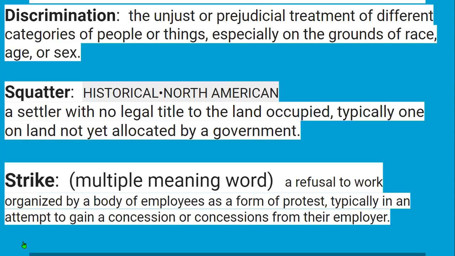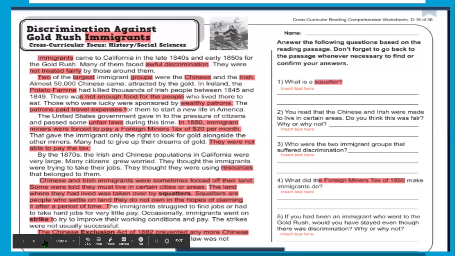That's one of the multiple meanings. So in this context, it's a refusal to work organized by a body of employees as a form of protest, typically in an attempt to gain a concession or concessions from their employer.